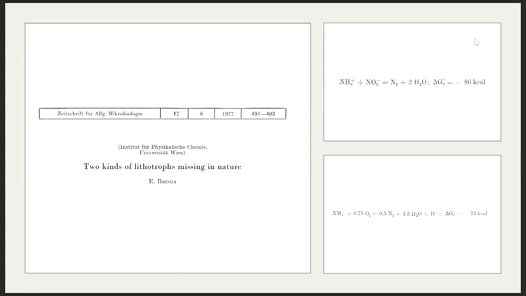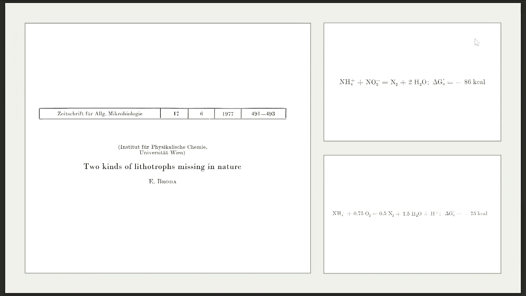People have been doing this for quite some time, because in 1977 there's already quite a famous paper by Professor Broda in Vienna in Austria, and he was speculating that there are two kinds of lithotrophs missing in nature, at least at that time. And he did the calculations, very simple actually.